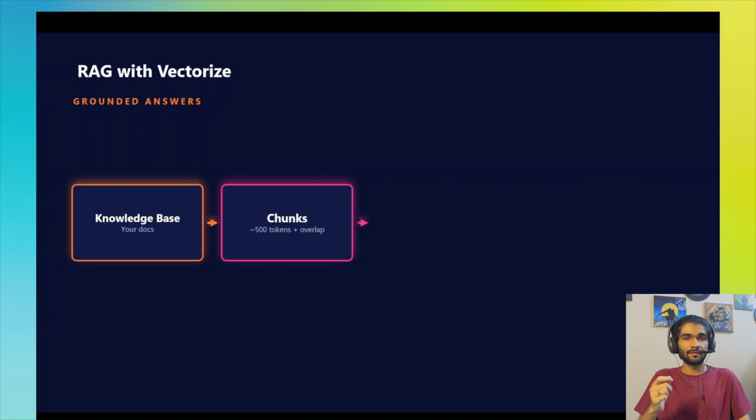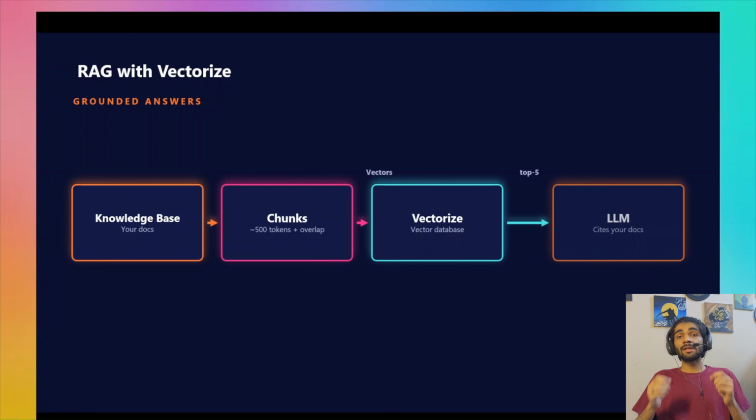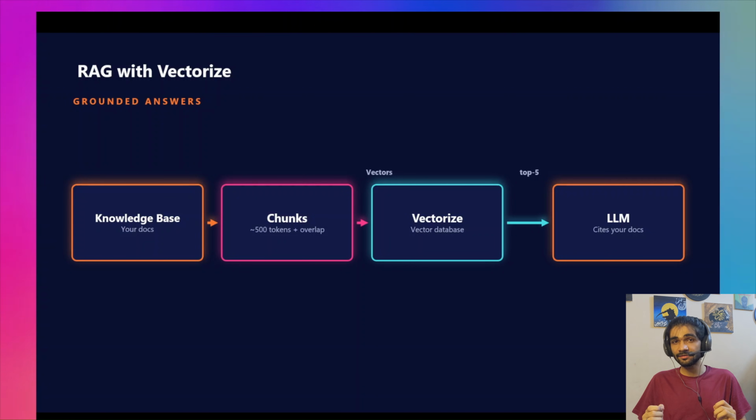Those vectors go into Vectorize, that is Cloudflare's built-in vector database. So when an agent needs an answer, it doesn't just ask the AI, "Hey, what do I do?" Instead, it retrieves the top 5 chunks from Vectorize and passes them to the model as context. The AI is not guessing anymore, it's citing your own docs.